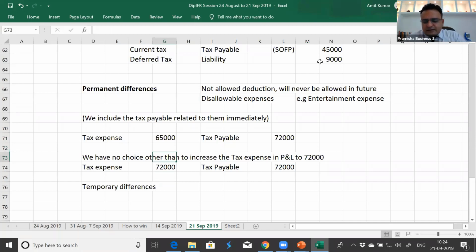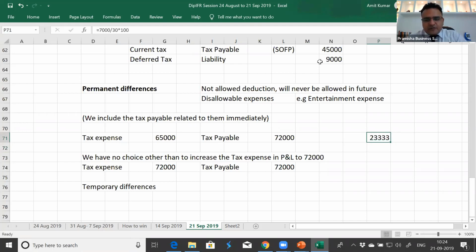I've taken the 7,000 difference because that 7,000 difference is the tax part on which tax is calculated. Shall I take the new tax rate in India? 22 and after surcharge 25. This was a respite for companies, but I'll go with the previous one. 7,000 divided by 30 into 100.